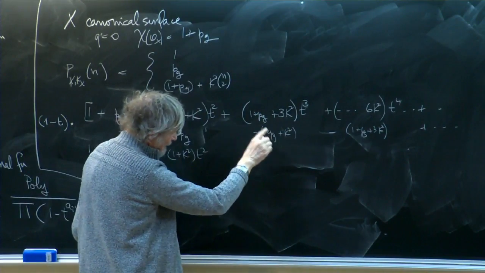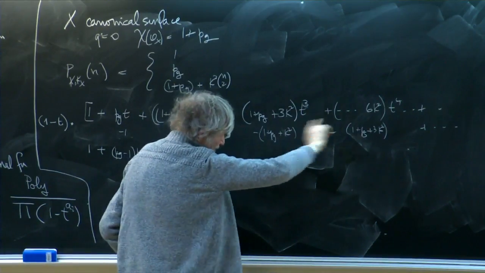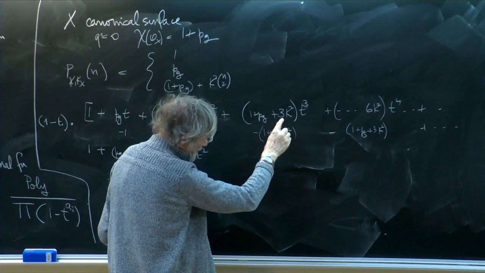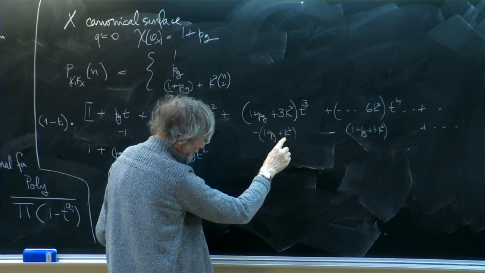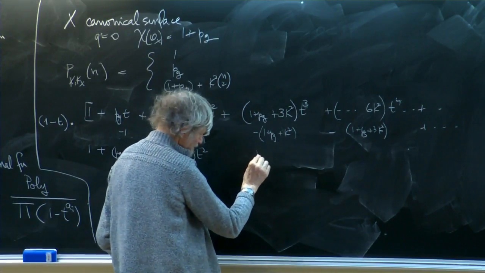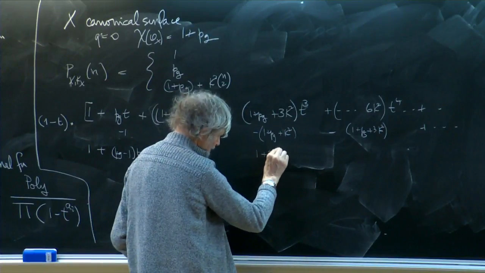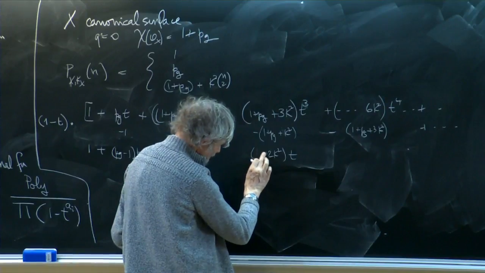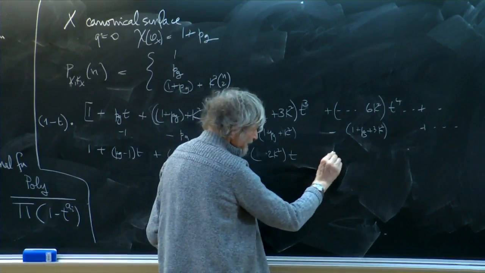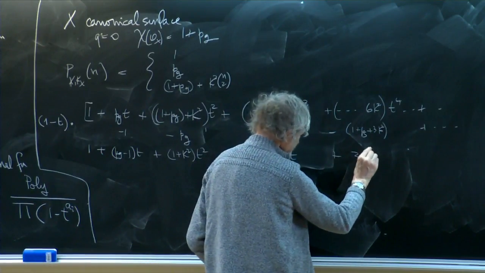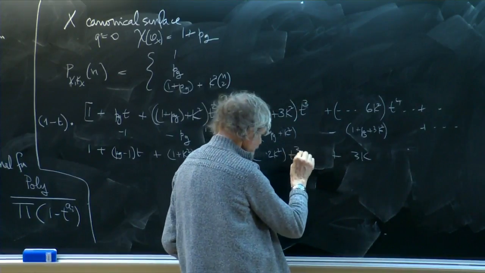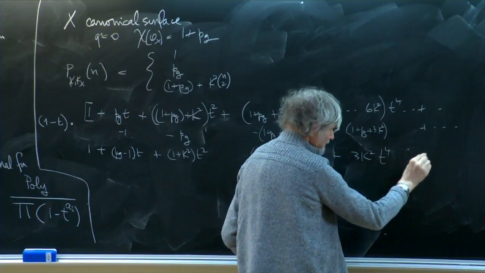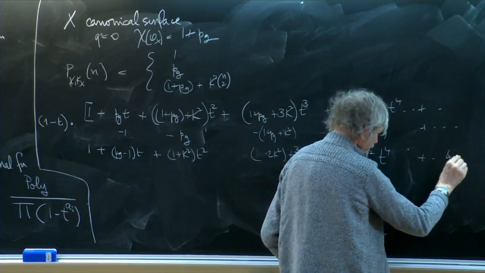And then here, the 1 plus pg, and from now on 1 plus pg is going to cancel, and this is a binomial coefficient minus the previous binomial coefficient. So this is 2k squared t. Sorry, the 1 has gone. Then this will be 3k squared t cubed, 3k squared t to the 4th, plus, and so on, that'll be 4.